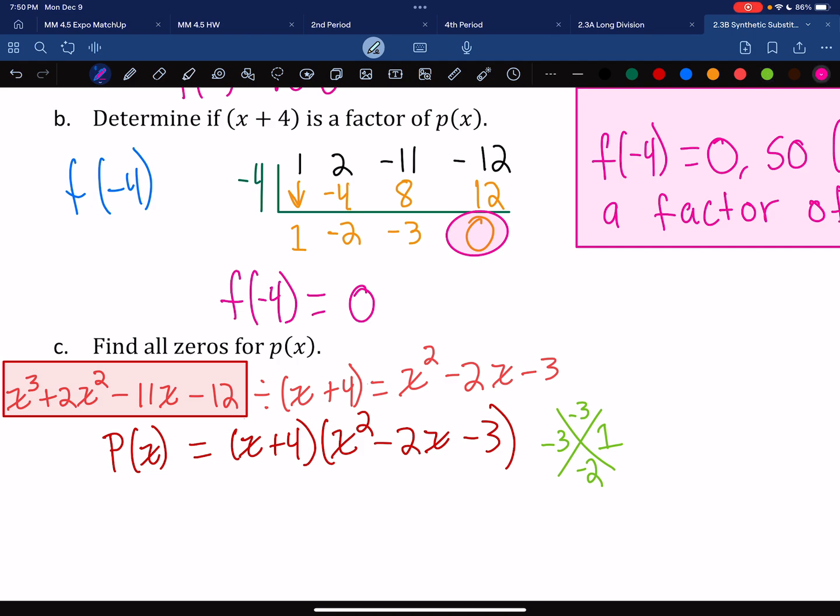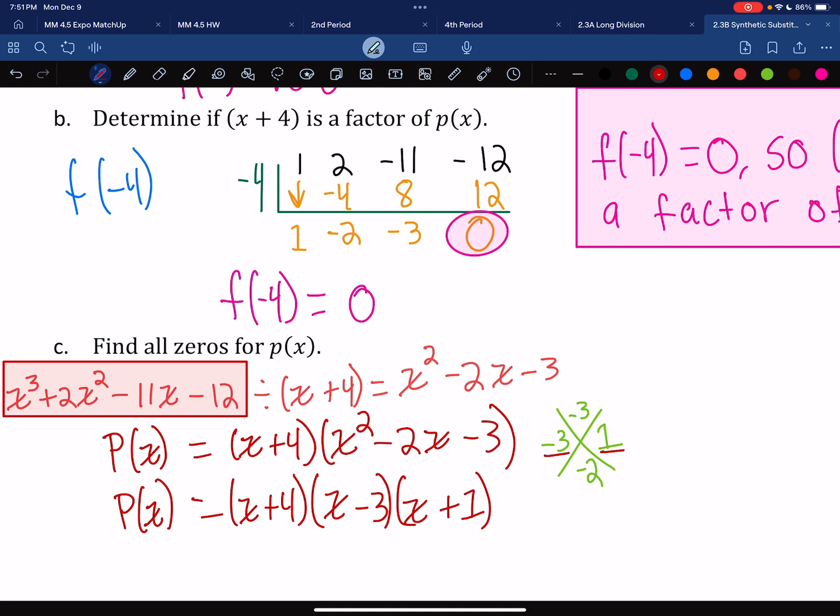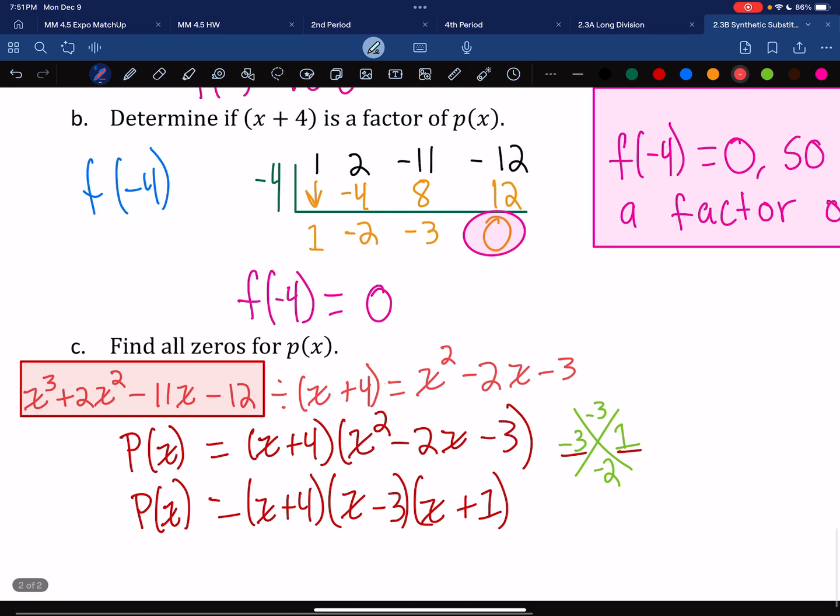So that means that p of x equals x plus 4, and then x minus 3, and then x plus 1. And that's in factored form.